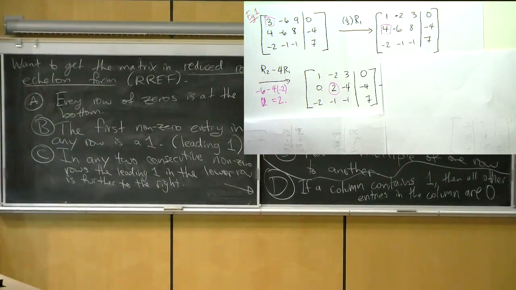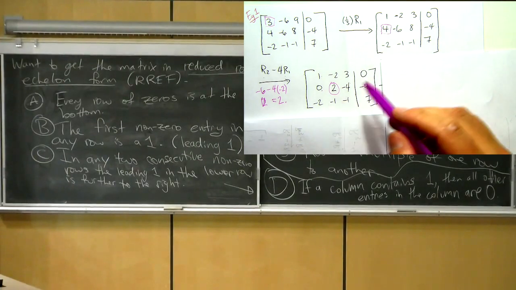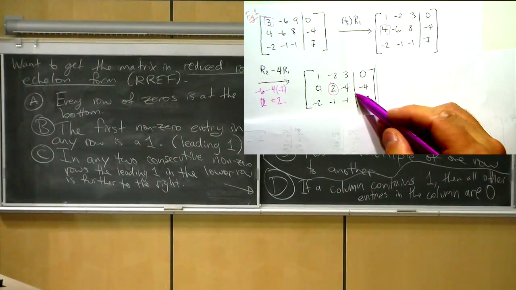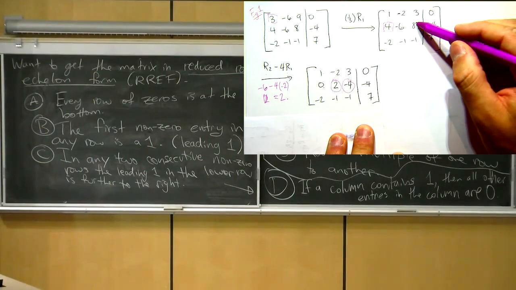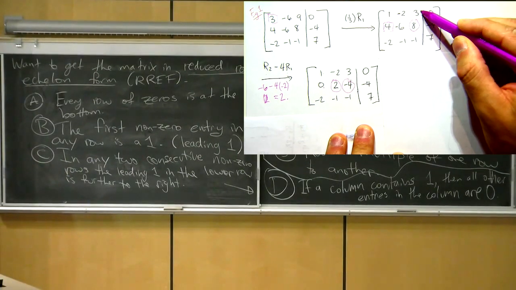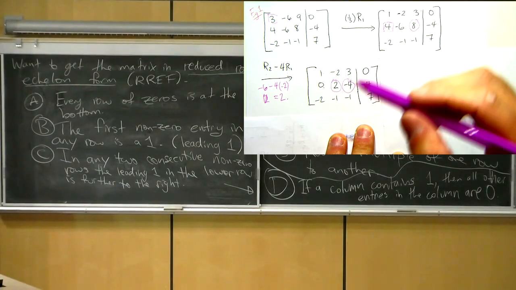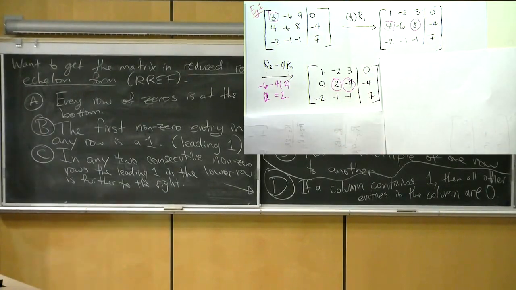I just look in each column and take the number I have in row 2, subtract 4 times the number in row 1 that's above it. So this negative 4 is just this 8 minus 4 3s. If I take 8, what does it mean to subtract 3 4 times? It's subtracting 12. Right?